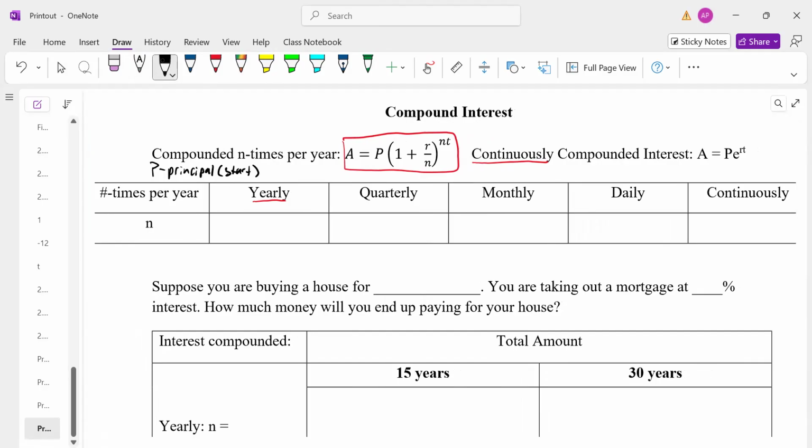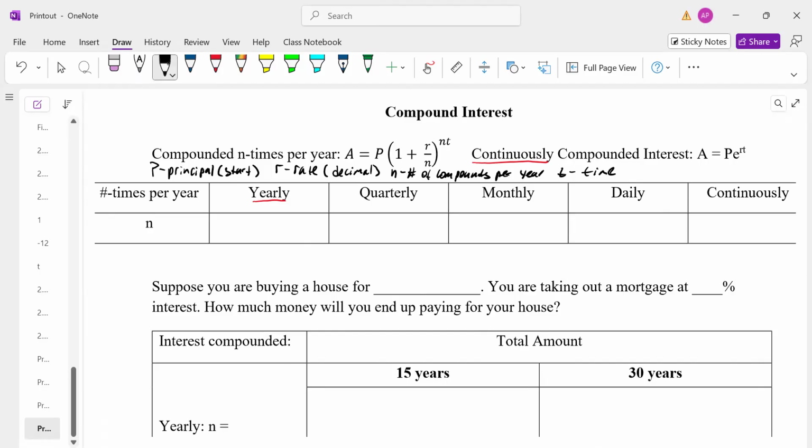Then r is your rate of compound, and has to be written as a decimal. Then n is the number of compounds per year. And t is, of course, time. And usually our time is in years, but that could change.